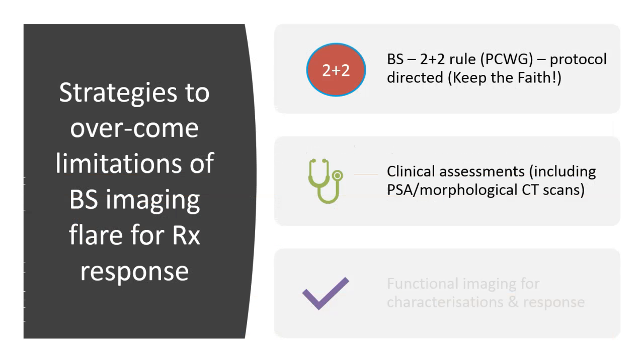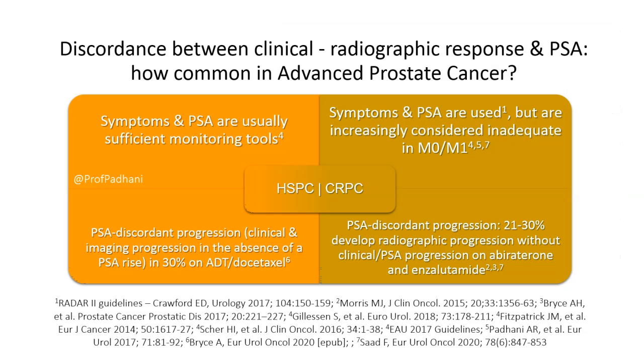So we can apply the 2+2 rule, or we can use clinical assessments such as PSA and morphological CT scans to tell us what's going on. The problem is these tools also don't give us an accurate readout. So for example, in the hormone-sensitive prostate cancer state, we know there's a discordance between clinical and radiographic progression in about 30% of cases.